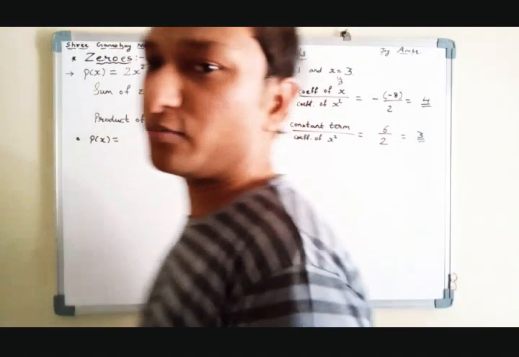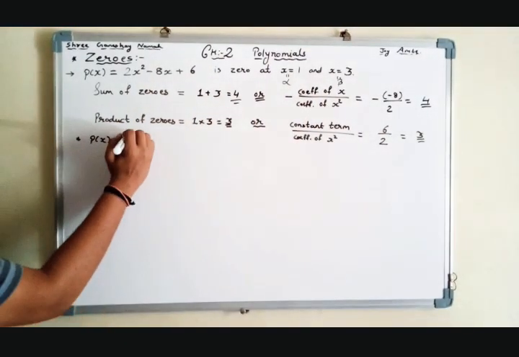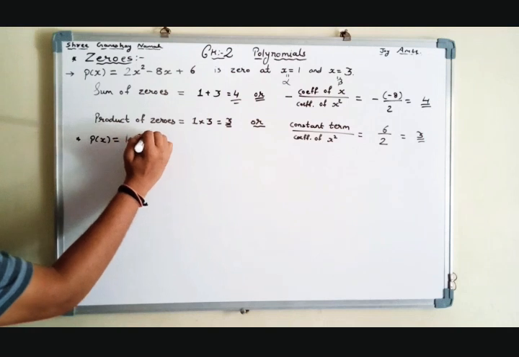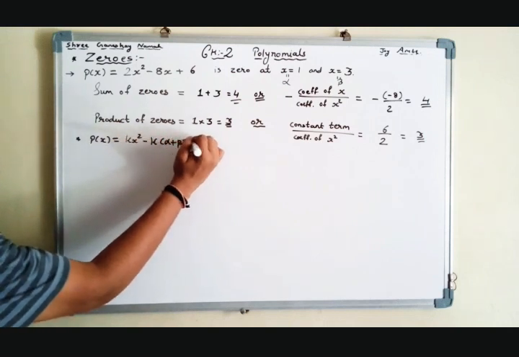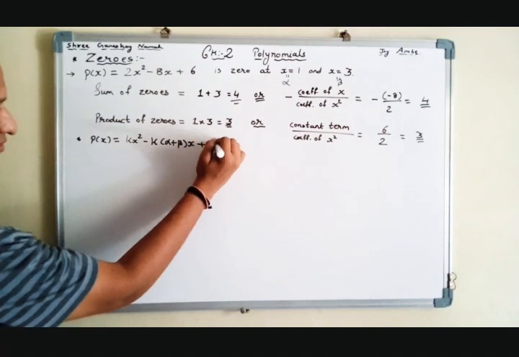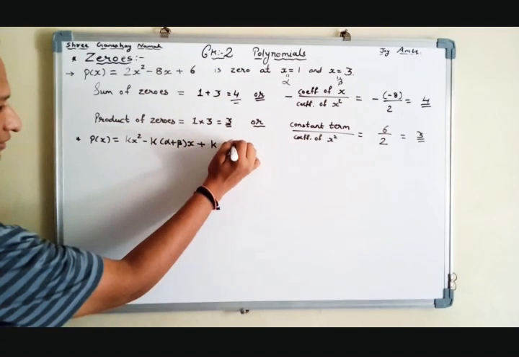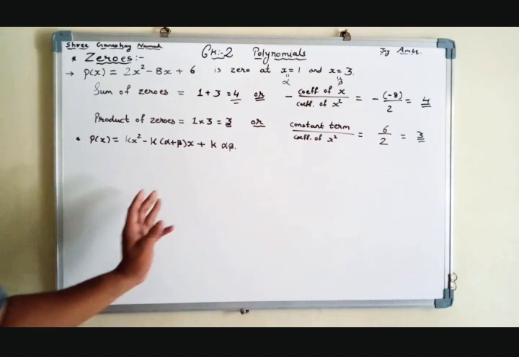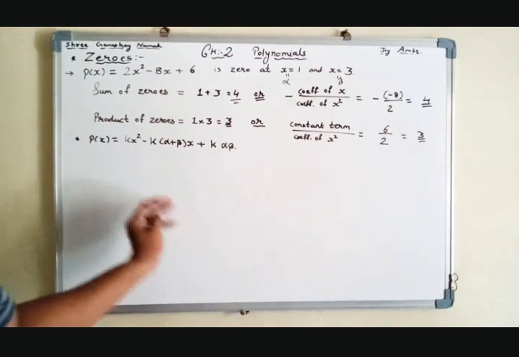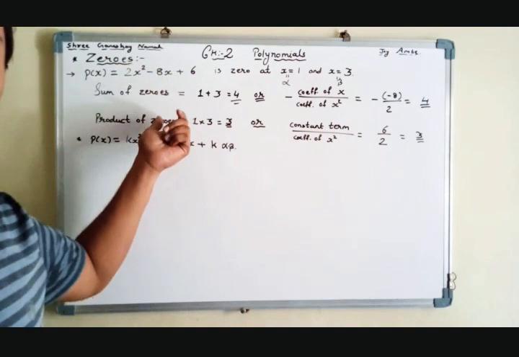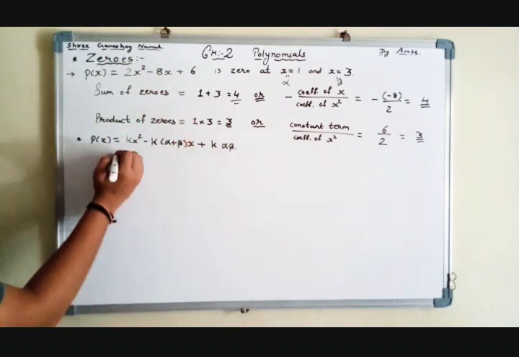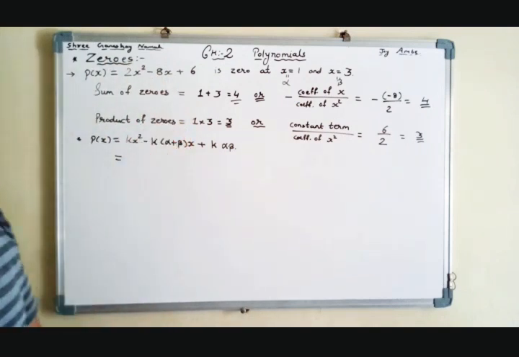So that is the formula: kx square minus k(alpha plus beta)x plus k alpha into beta. You have to remember this formula to find any zeros or the relation between zeros, or their sum and product. So what is k here? K is any coefficient.